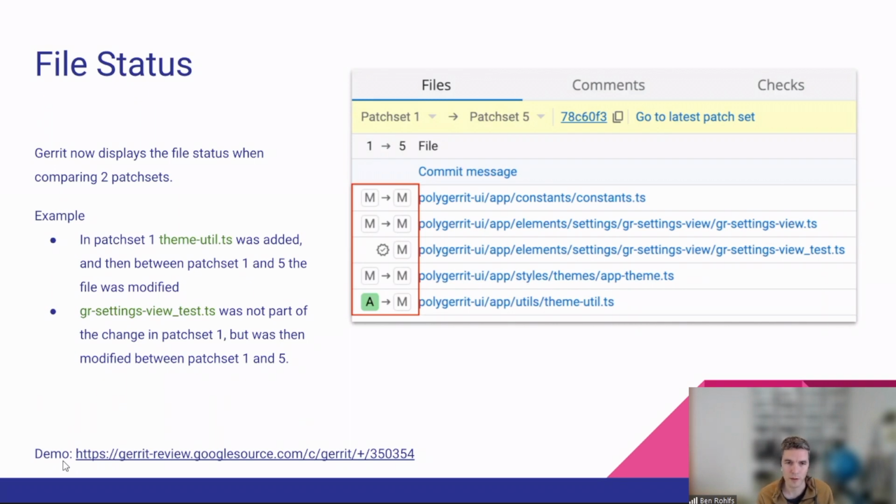So on patch set 1 it wasn't modified at all, it was not part of the change, but then it became part of the change. And that's very relevant for approval copying, because most likely that file is the reason why you have to vote +2 again. And yeah, this makes it a little bit easier.